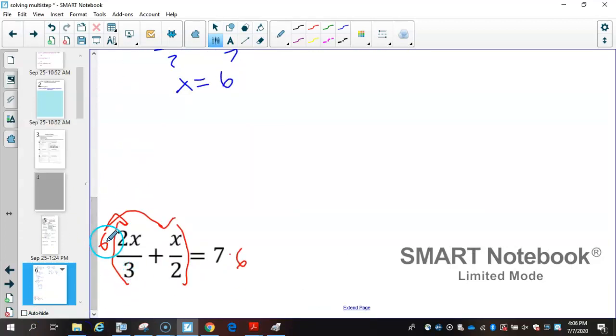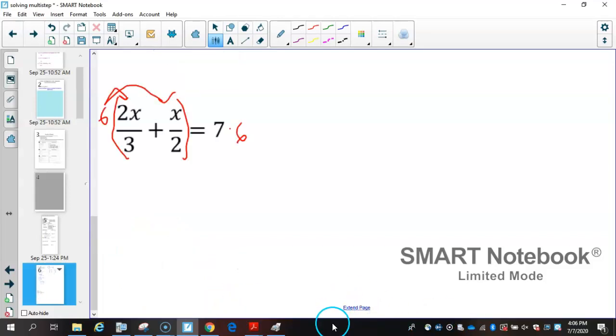Here, you could multiply, then divide, you could divide, then multiply, or you could multiply this 6 times the fraction 2/3. Whichever method you choose, it will always work, as long as you're doing the math correctly. I'm going to take it step by step, so I'm going to multiply and then divide. But if you choose to do something else, it should still give you the same answer.